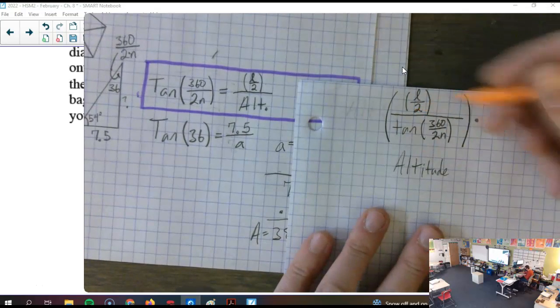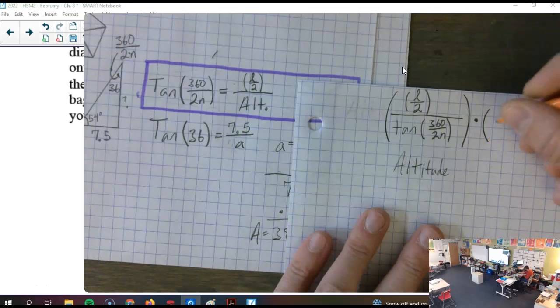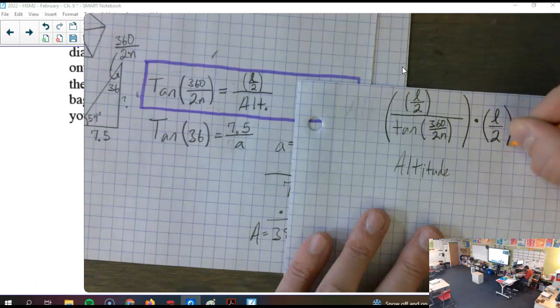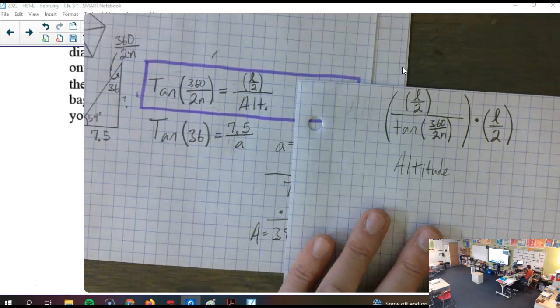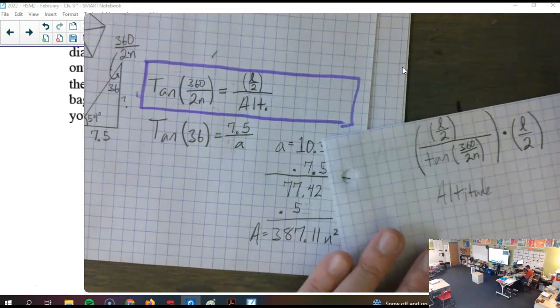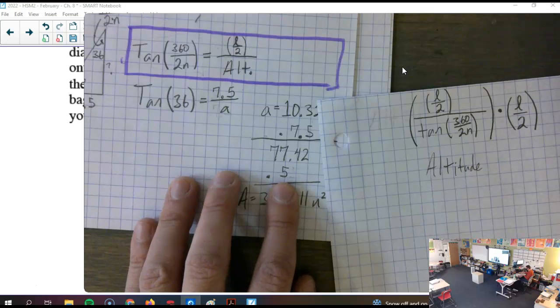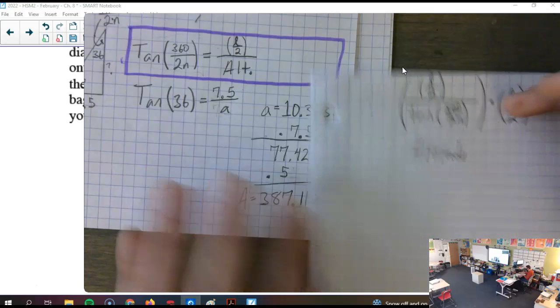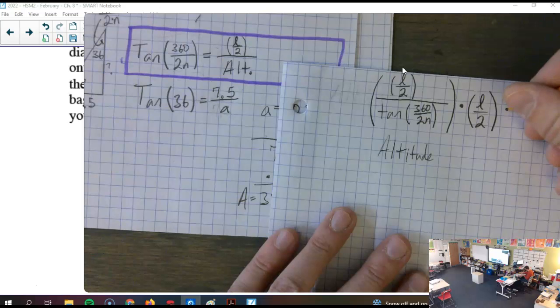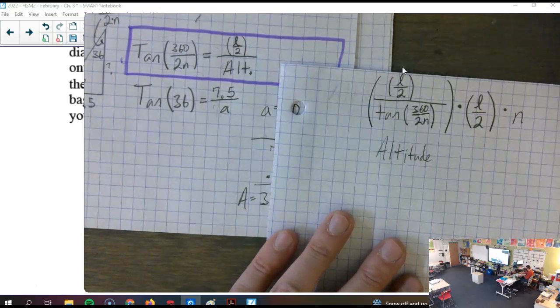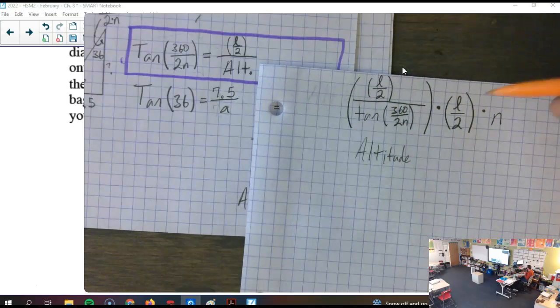So this all times L divided by 2. Then what did we do? We did times 5 then, the number of sides. So times n now. That's the area. So this is our cleaned up area formula.